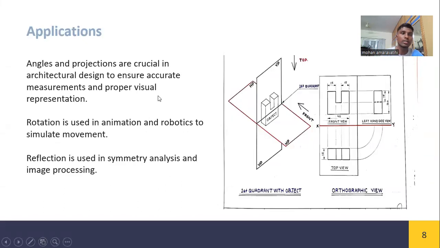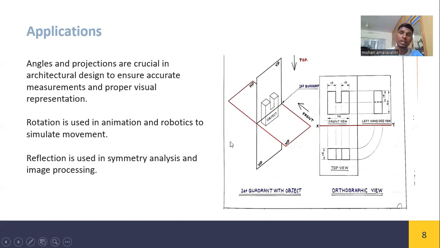Applications: angles and projections are crucial in architectural design to ensure accurate measurements and proper visual representation. Rotation is used in animation and robotics to simulate movement. Reflection is used in symmetry analysis and image processing, with first quadrant, second quadrant, HP and VP.